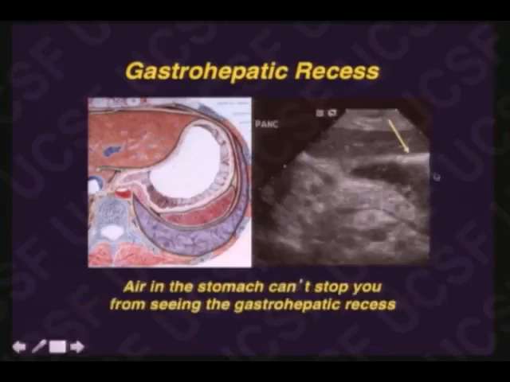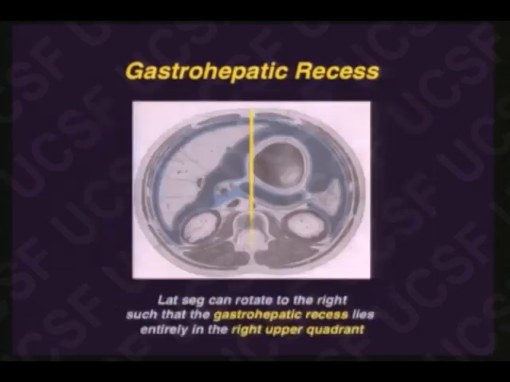So as soon as I see that air in the stomach, I know that the beam has already been through the gastrohepatic recess. So I've interrogated it, it's empty. To reiterate, gas in the stomach cannot stop me from seeing the gastrohepatic recess or the left subphrenic space, and gas in the duodenum cannot stop me from interrogating the right anterior subhepatic space.